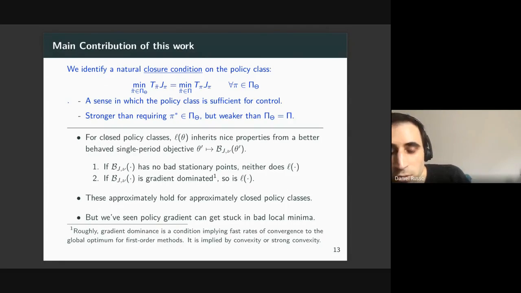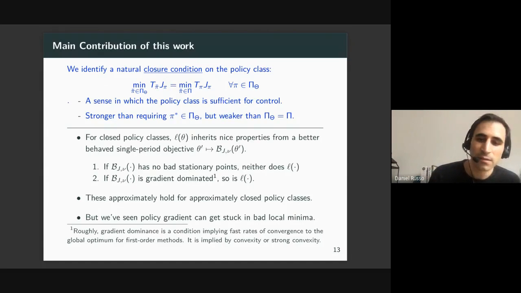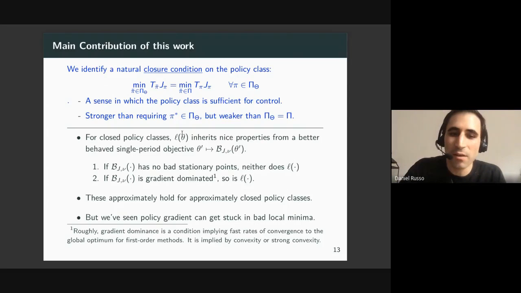Now, for closed policy classes, it seems that the loss function L of the infinite horizon policy gradient cost inherits the nice properties of those single period objectives. This notation will be defined more precisely in a moment, but for now, just think of it as some kind of weighted cost function associated with a Bellman update. A much simpler one period problem.